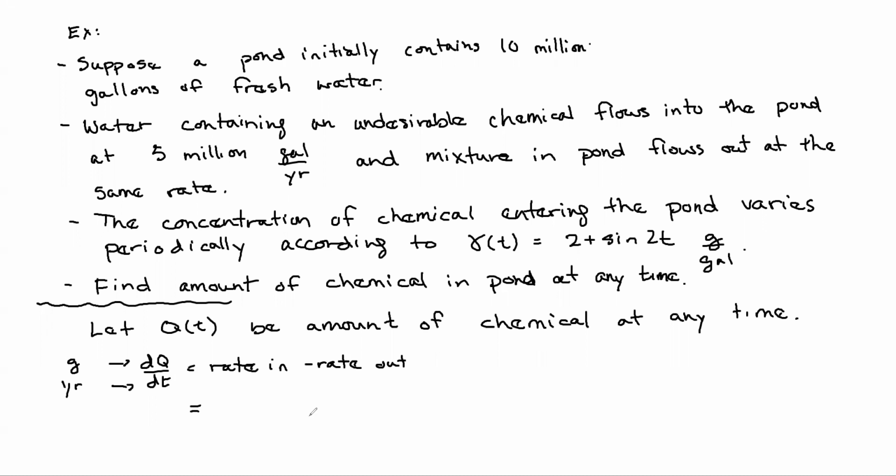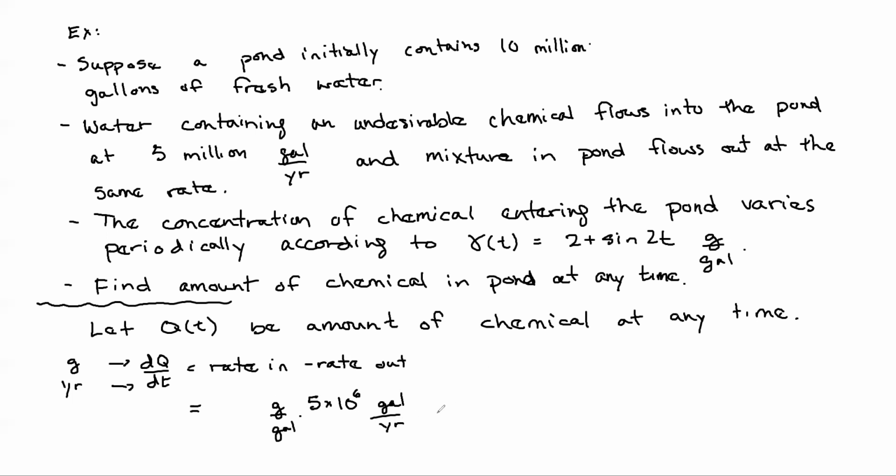Okay, to figure out what the rate in is, if we look at the first sentence, water containing an undesirable chemical flows into the pond at a rate of 5 million gallons per year. So we could have 5 times 10 to the 6th gallons per year. And then here, we want grams per year, we have gallons per year, so we need something to put here that's in terms of grams per gallon.